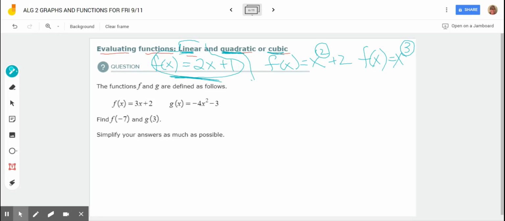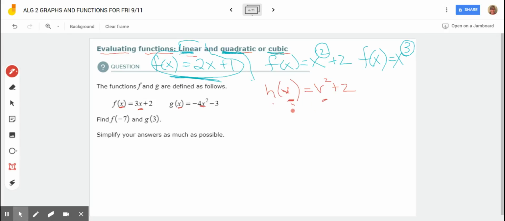It says the functions f and g are defined as follows. So here you go, you guys. This is always going to match this side. That little x doesn't have to be x. Sometimes I wish they would do weird things like h of v is equal to v squared plus 2, just so that you understand that h is a function of v.